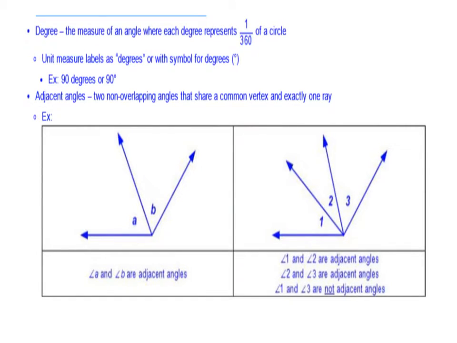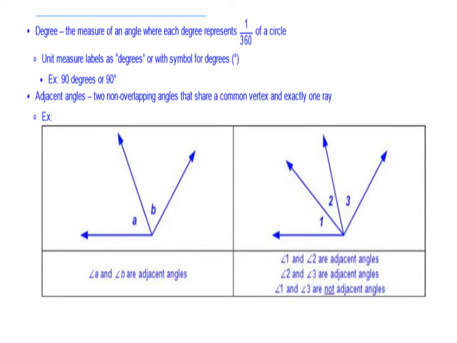Adjacent angles are two non-overlapping angles that share a common vertex and exactly one ray. They share a common vertex and exactly one ray. Let's take a look at an example.